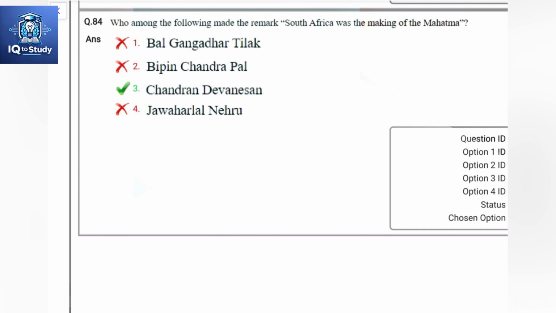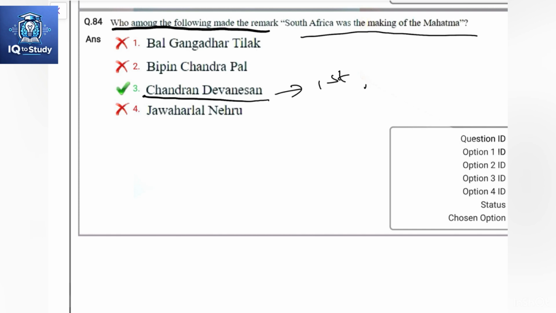Who among the following made the remark, South Africa was the making of the Mahatma? Chandran Devanesan. Chandran Devanesan was the first professor of Madras Christian College.